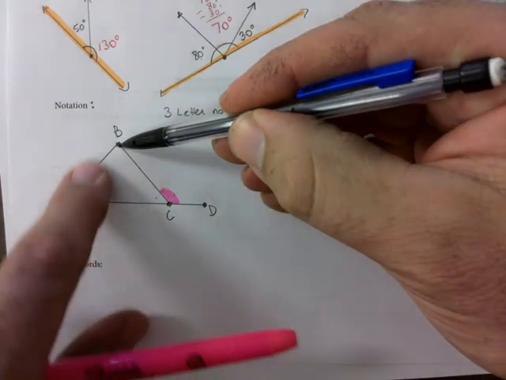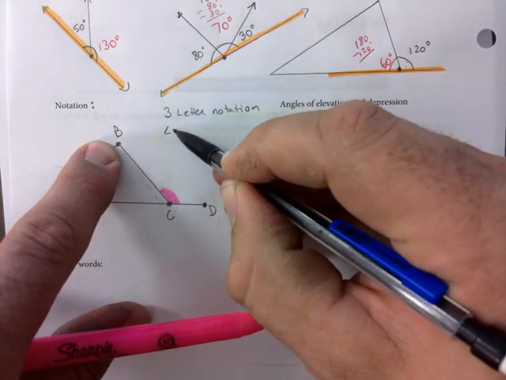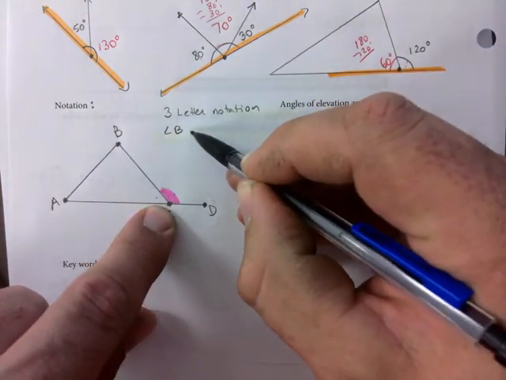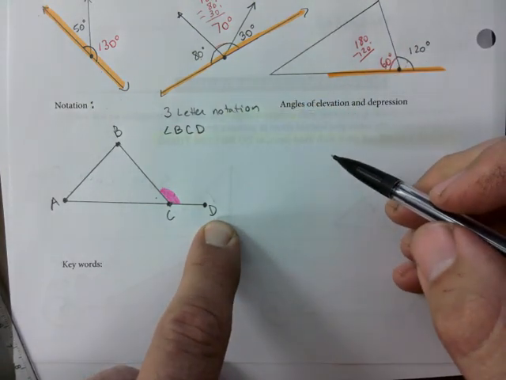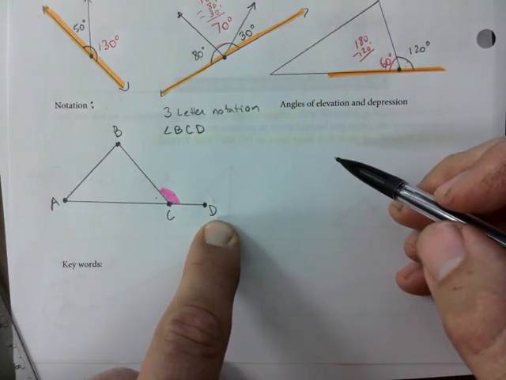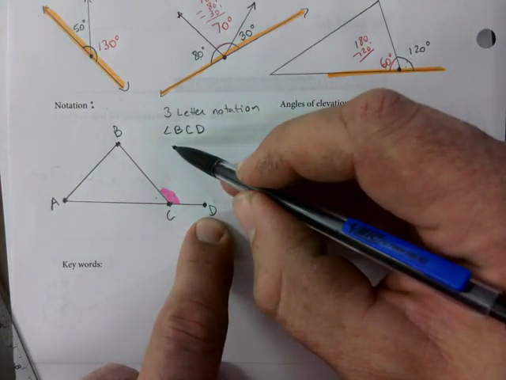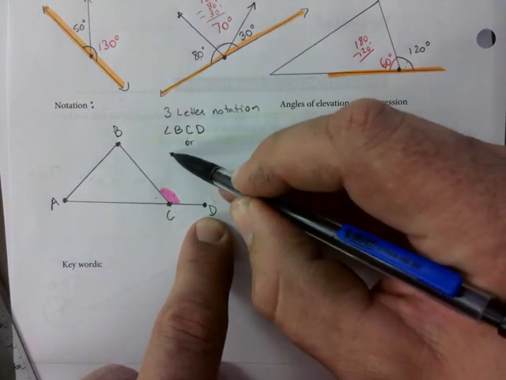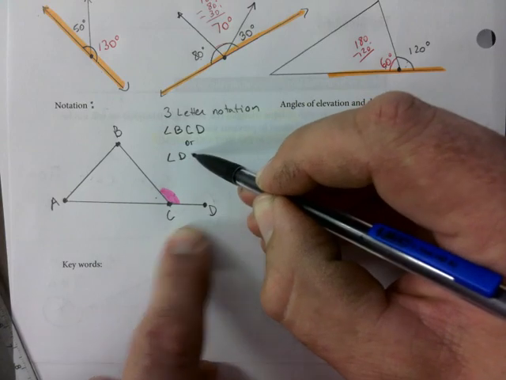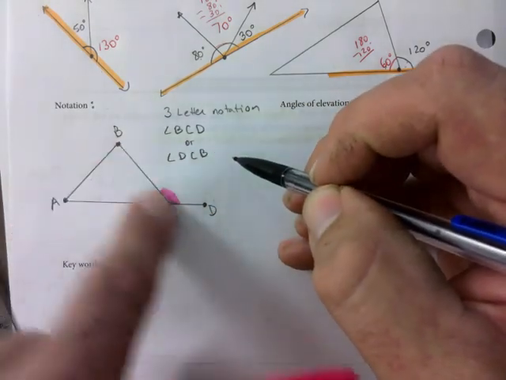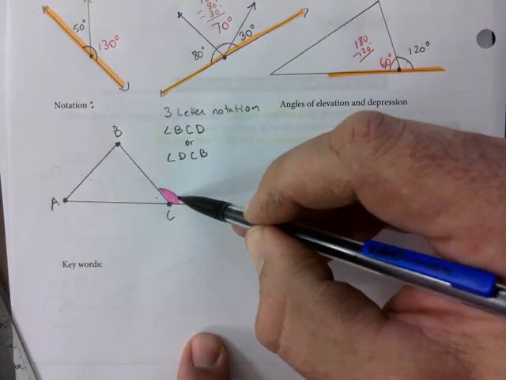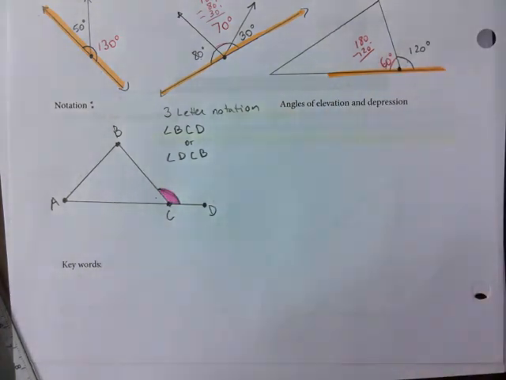If you want to start here, you go angle B, C, D, right? Does that make sense? Or you want to start here, angle D, C, B. So you are making that angle, so it's definitely referring to this angle right here.